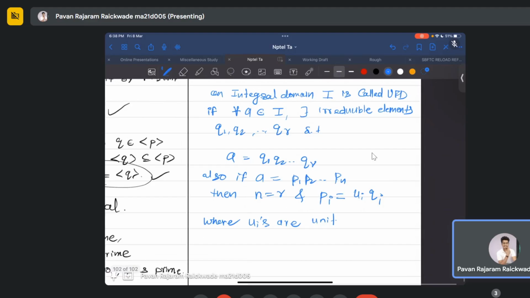So basically you have the factorization, and the factorization is unique up to associates. The detailed description is given in the lecture videos you can watch.